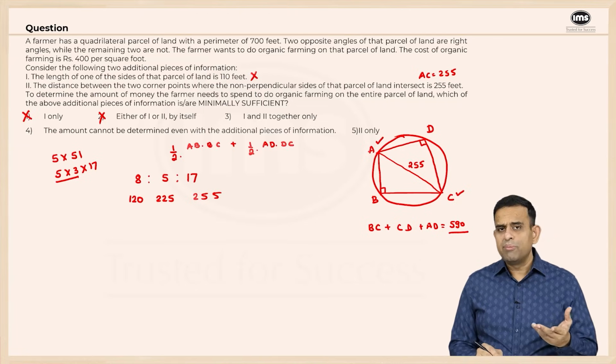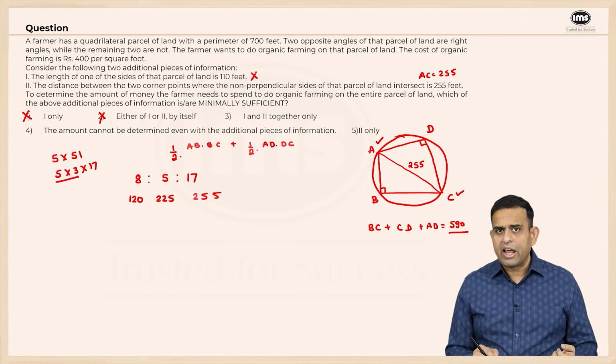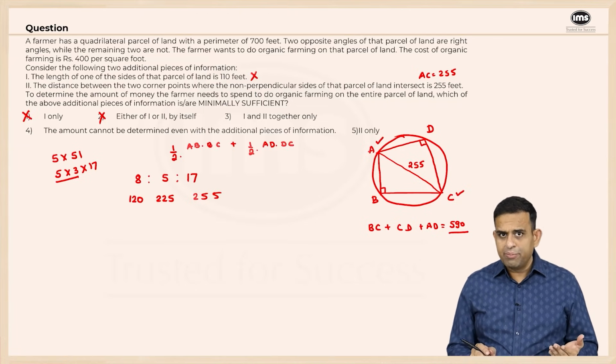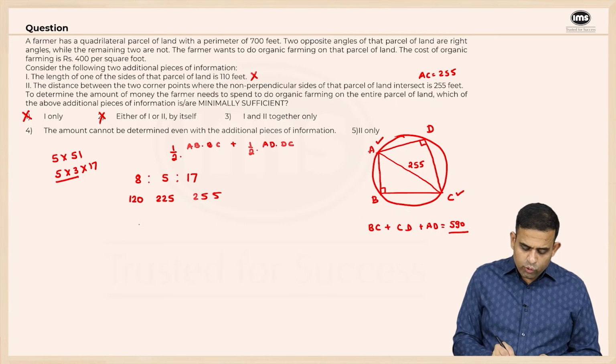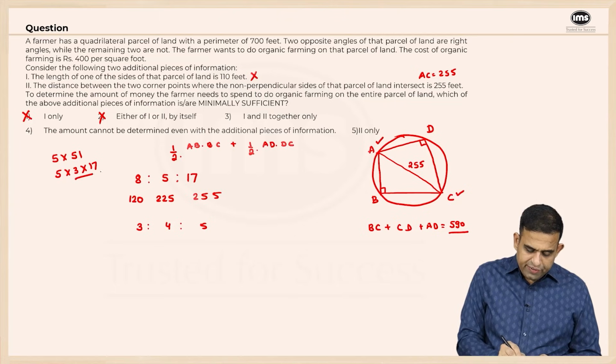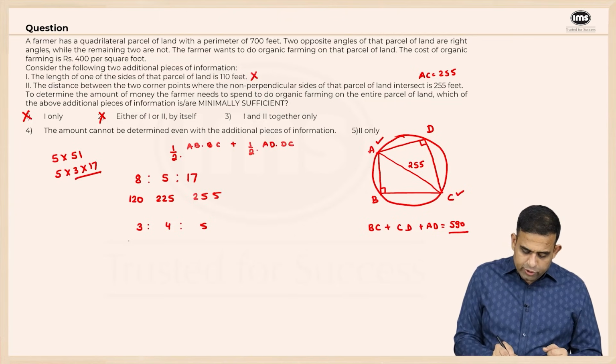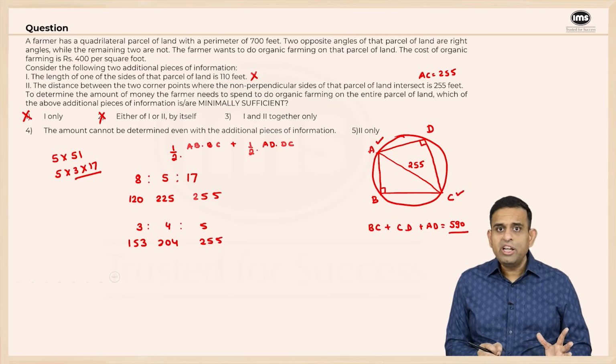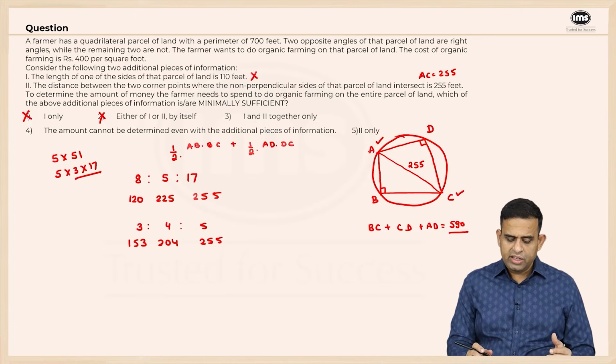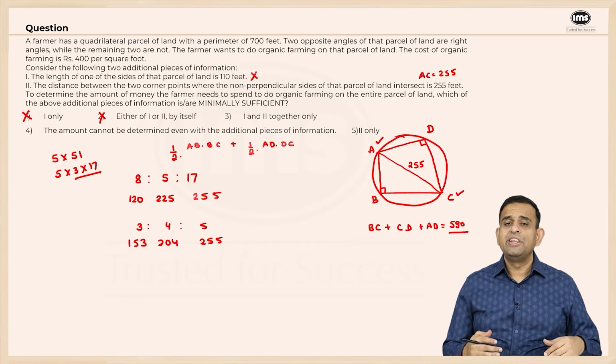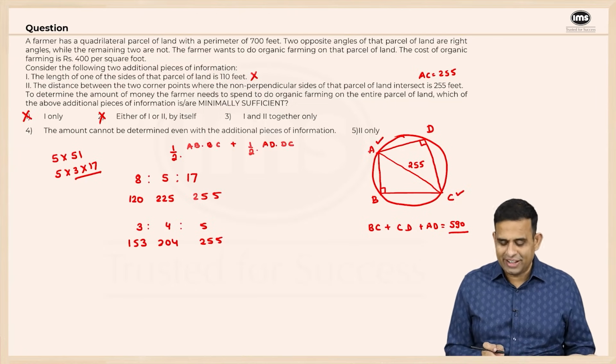This gives one possible right angle triangle. We can have multiple possibilities. As I told you, 3, 4, 5 is another triplet. If I multiply by 51, 51 into 3 is 153, then 204 and 255. So we can have multiple possibilities for the combination of AD and DC. Again, please note they may or may not be integers.